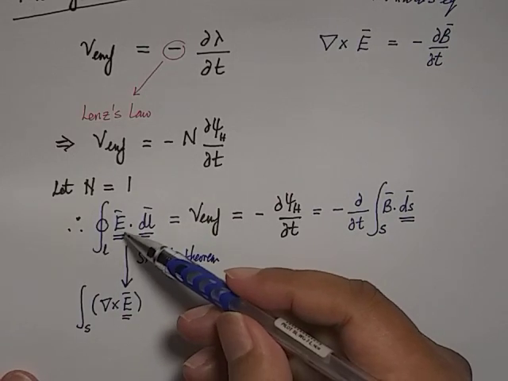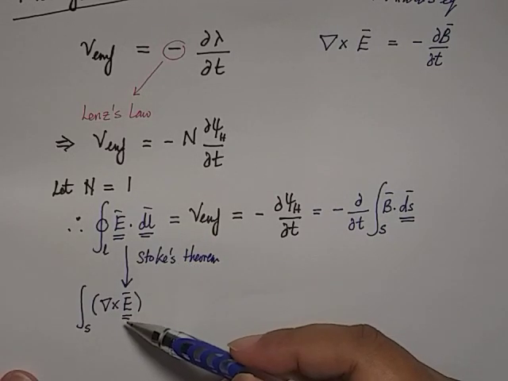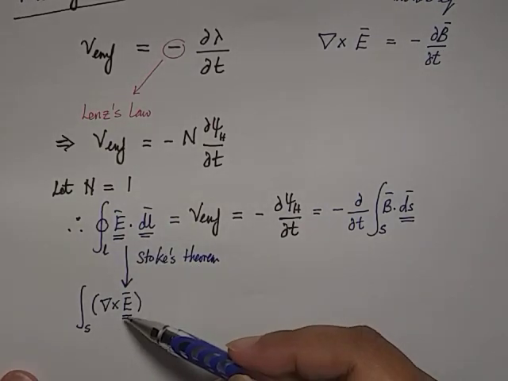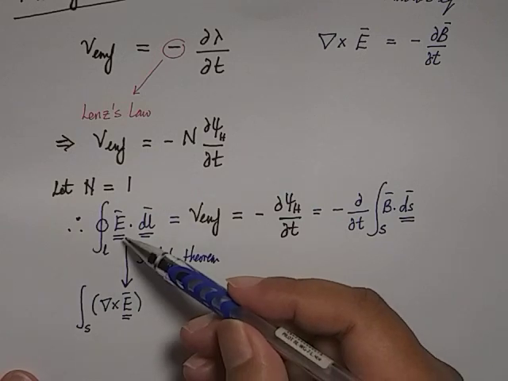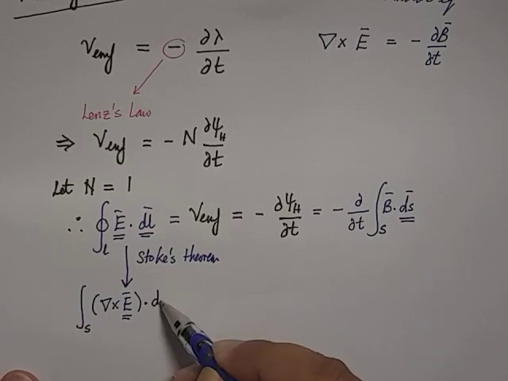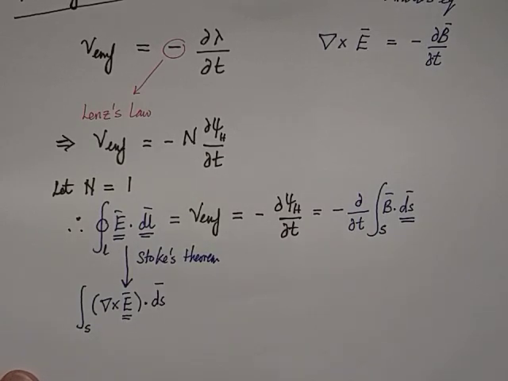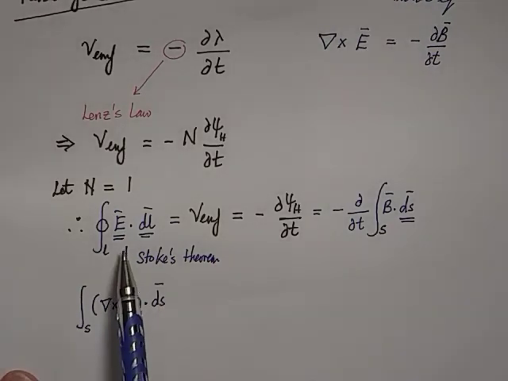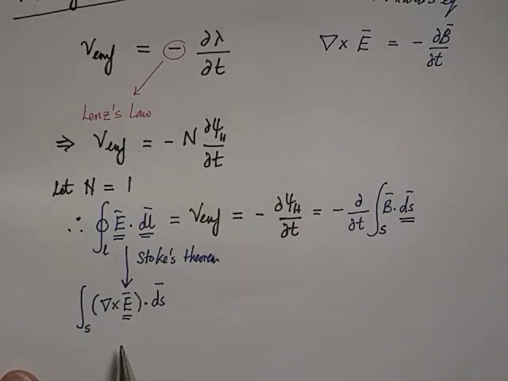Since we are using vector E, we must also use vector E here. If we were using vector H as before, it would be curl of H. But since in this discussion we are using E, it must be curl of E dot ds. So that's what Stokes' theorem does, converting a line integration into the form of a surface integration using this set of notation.